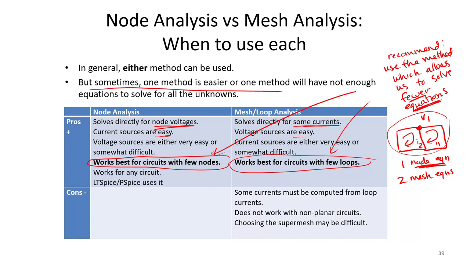If your circuit has very few loops or meshes, mesh analysis might be easier. Also, keep an eye out for supernodes and supermeshes. Because remember, if you see a supernode or a supermesh, that can also provide a big hint about how to solve the problem.